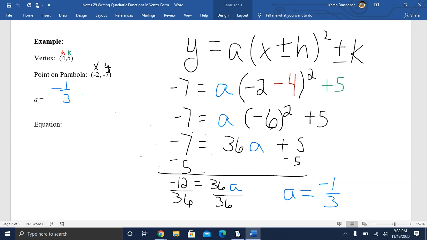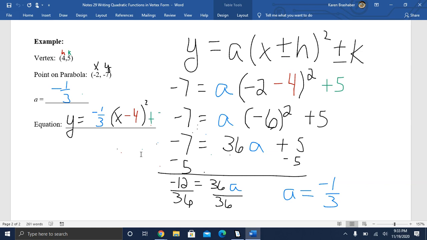Pay attention to whether the problem already has y equals, or it could already have the f of x equals. Then you would just start with your -1/3, whatever your a value is. And then remember, we have x, your h was -4, and then you'll have that parentheses squared, and then your k value was +5.